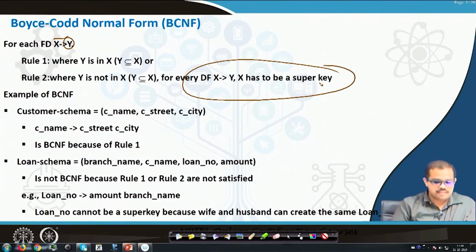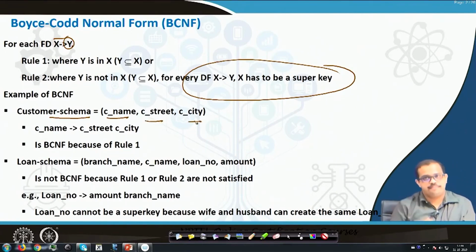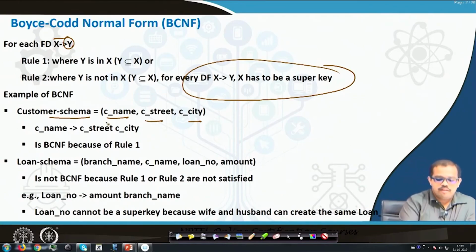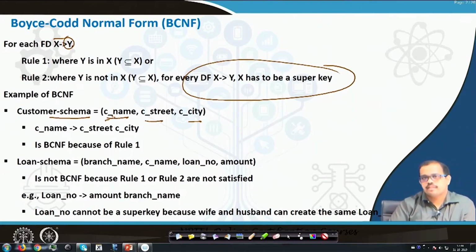Let me give you an example of this. We have a customer schema or customer database. We have customer name, and where he stays, which street and which city. Let us say that we are trying to look at the database of Amazon. Amazon may have a huge number of customers all throughout, or Flipkart may. So, now I have a customer name who has ordered on Flipkart, and his or her street and the city where he or she stays.